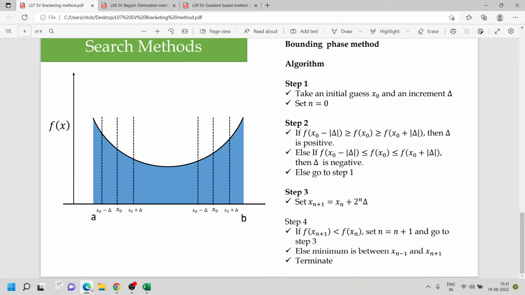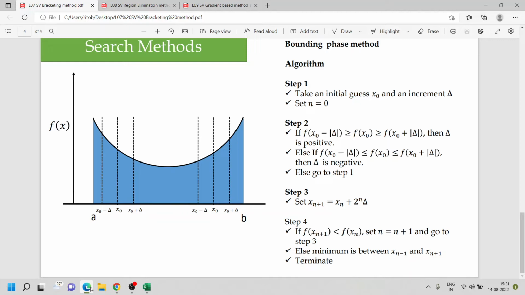If you look at the picture, this is x naught, this is x naught minus delta x, and this is x naught plus delta x. Is that clear now? The picture and everything.